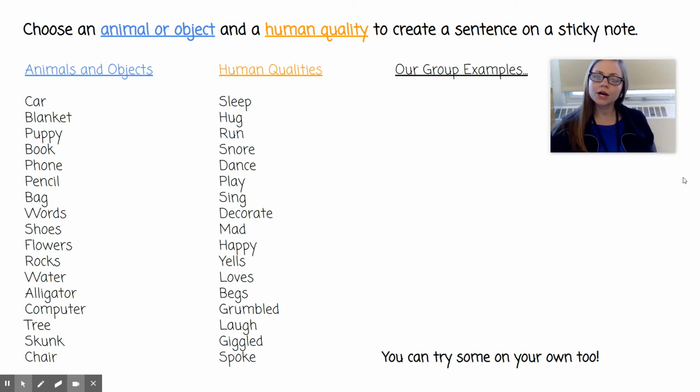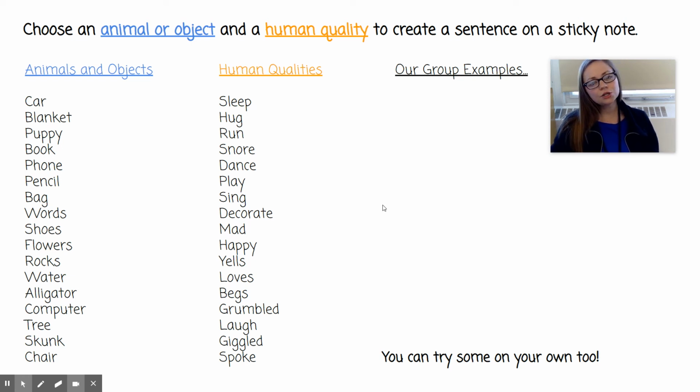So if you are an in-person learner, we're going to get a sticky note, and you're going to take one animal and one human quality and write a sentence on your sticky note. If you are an online learner, a virtual learner, you're going to actually insert a text box here with one example, and you can try more than one example of personification.